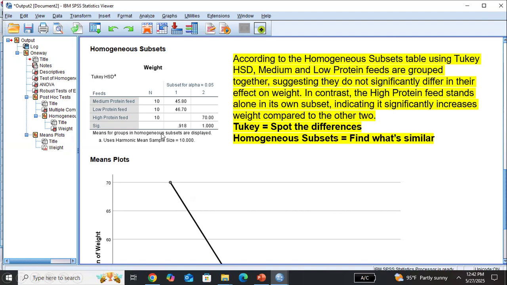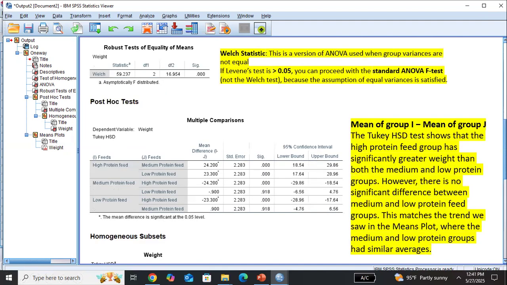Here you don't have to look at the significance values, you only have to see whether these values are lying close to each other or there is a significant difference. So Tukey has spotted the differences: there was no difference between medium and low group, but there were differences between high protein and the low and medium protein groups.